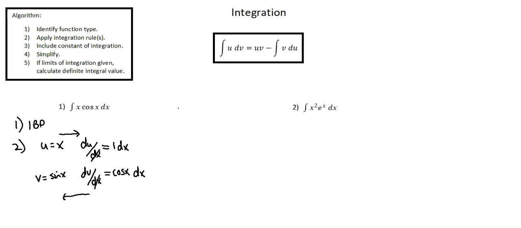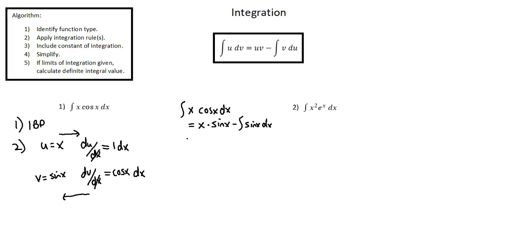Now we can set up integration by parts. The integral of u times dv in this example is going to be x for u times cosine x dx for dv, which equals u times v. u is x times v is sine x minus the integral of v times du. v is sine x and du is 1 times dx, or simply dx.